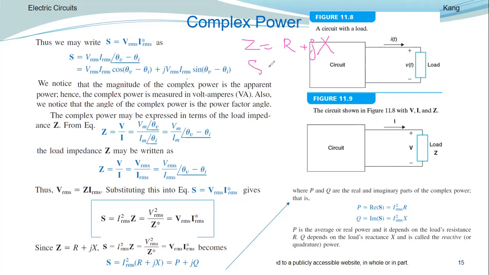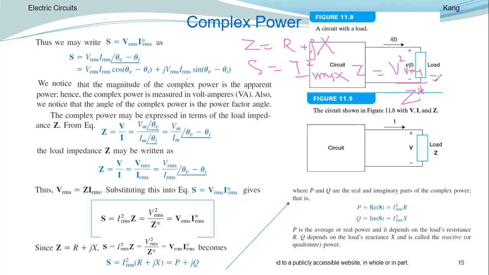So S will be written as S equals I square RMS into the value of Z, which will be equal to V square RMS divided by Z static.